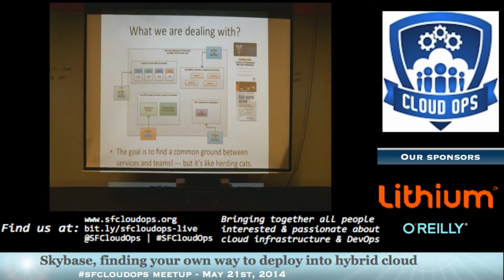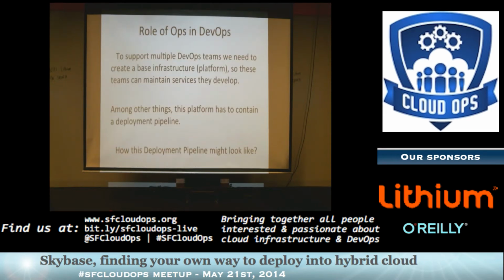So essentially, as you know, one of the challenges in this case is not only to find the common ground between different services and how to deploy them, but also convince different developers what is the best and standard way of doing things, which is usually referred to as herding cats. So we are kind of doing this.